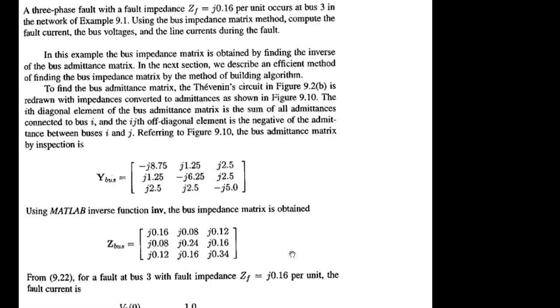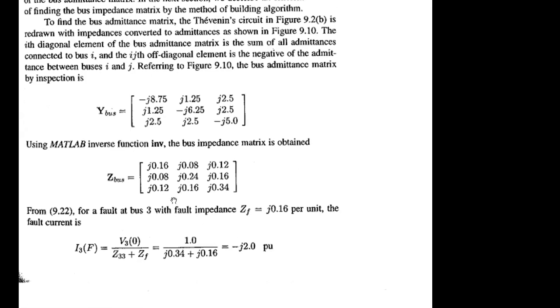So if Z bus is already given, you don't need to bother about the Thevenin equivalent circuit. You can use that Z bus for three-phase fault or balanced fault calculation. So Z33 is already there, this value, you can use that information.